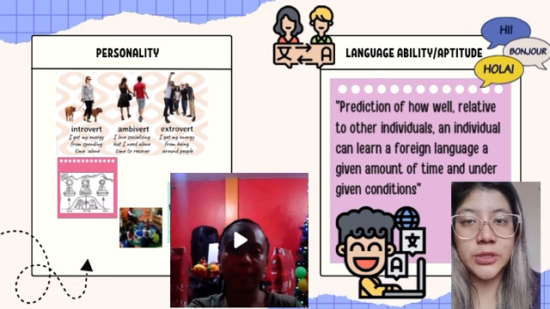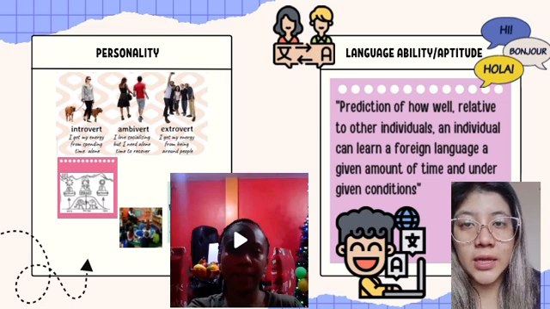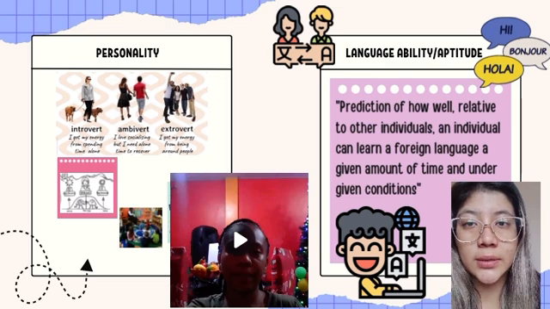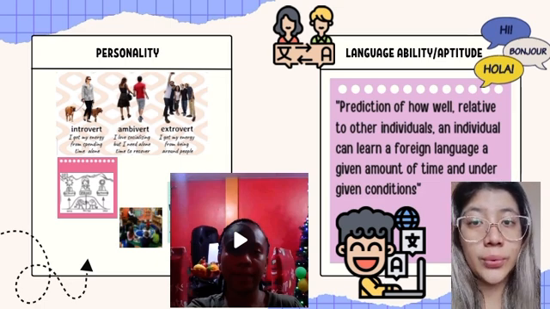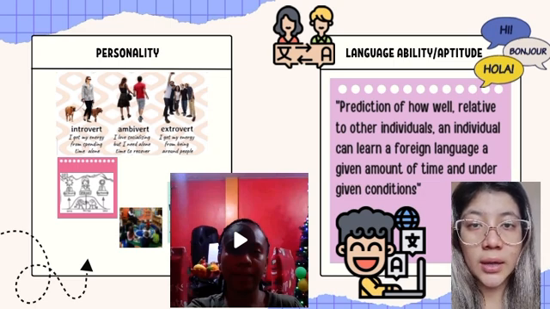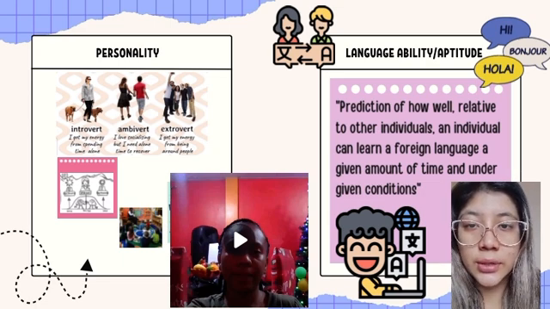Language aptitude is defined as a prediction of how well, relative to other individuals, an individual can learn a foreign language in a given amount of time and under given conditions, which means that it is a set of cognitive abilities that predict the learning of a second language, how quickly the student adapts and puts into practice the new language he or she is learning.